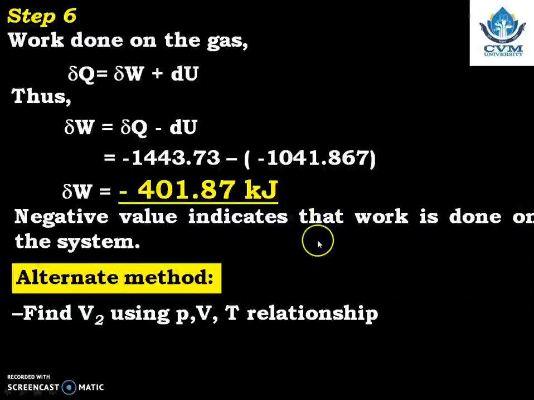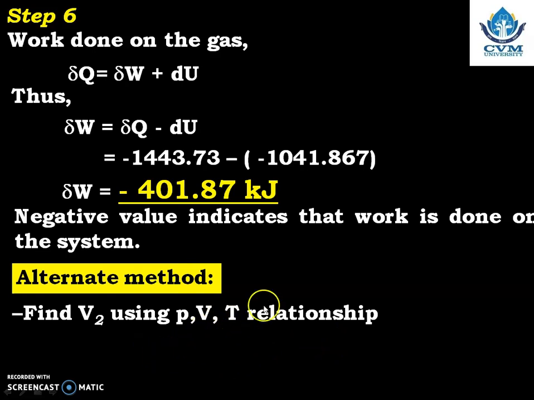We can also calculate work done using the alternate method, or the equation which we derived during the theory. That is W is equal to P into V2 minus V1. P we know, V2 is not given, V1 is given. So we are required to calculate the V2, and after that we can calculate the work done.